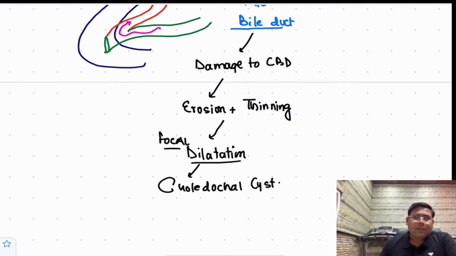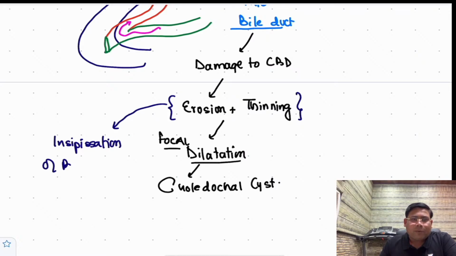Now try to understand a lot more things. Now when there is erosion and thinning of the bile duct, what will happen? There will be inspissation of biliary proteins.